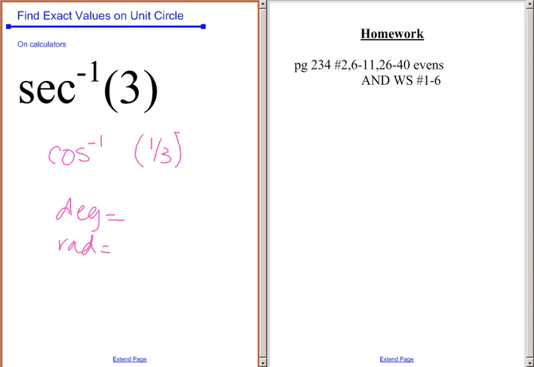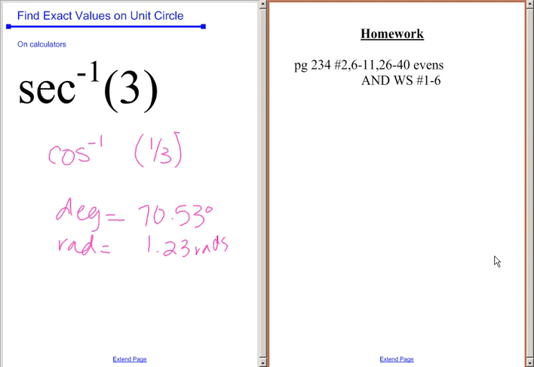If you're in degree mode, you should get 70.53 degrees. And if you are in radian mode, you should get 1.23 radians. Okay, so you can check those.